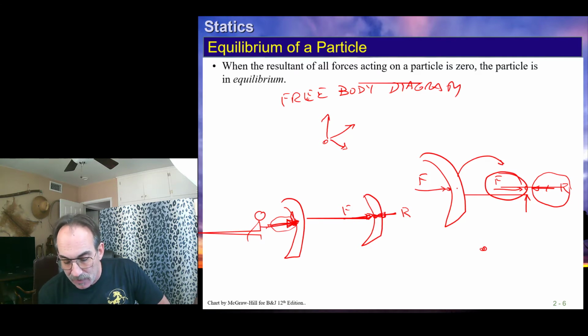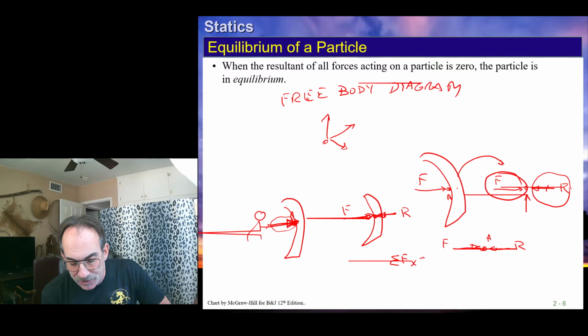Since this is now a free body diagram of point A, where contact is happening, we can impose equilibrium, which means we're going to take the sum of the forces in each direction. We'll start with the sum of the forces in the x direction, which we're going to call positive.